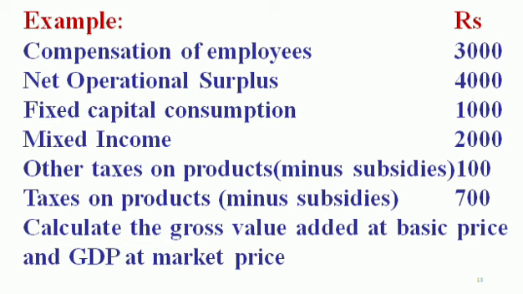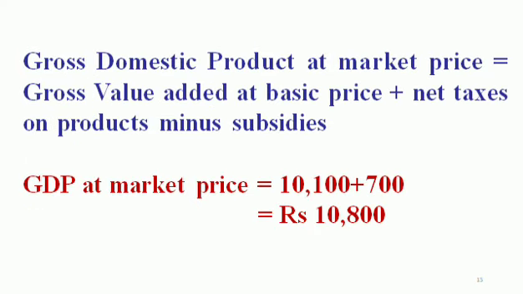Let's now calculate the GDP at market price. So the GDP at market price would be gross value added at basic price plus net taxes on products minus subsidies. This is the same step that we observe when we calculate GDP using the product method.